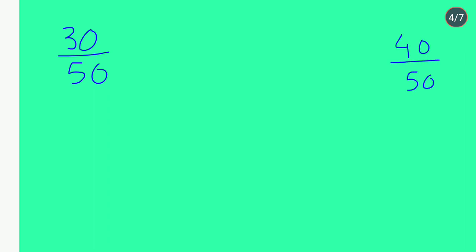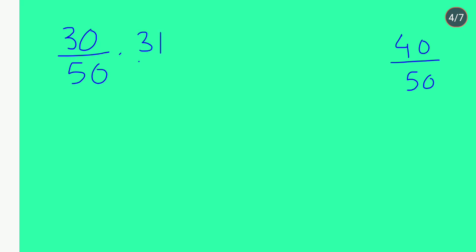You can use the line method, or just simply you can say that between 30 by 50 and 40 by 50 you have to write 5 rational numbers.